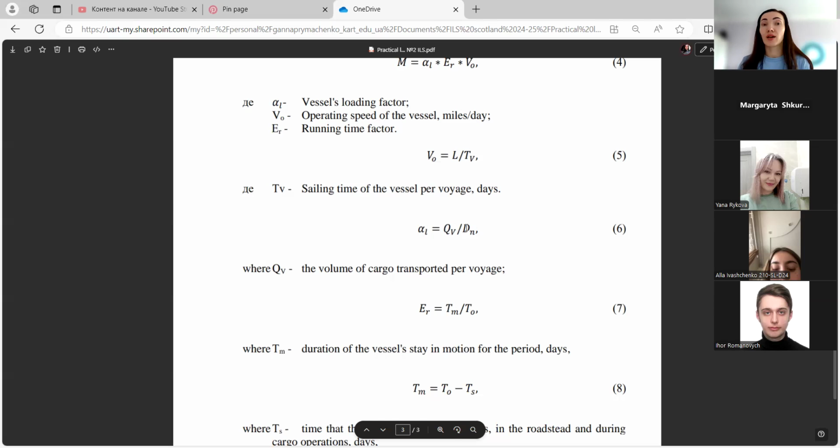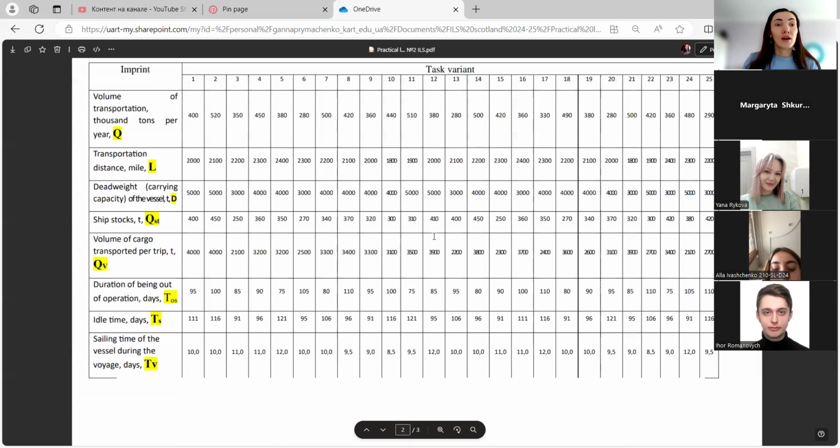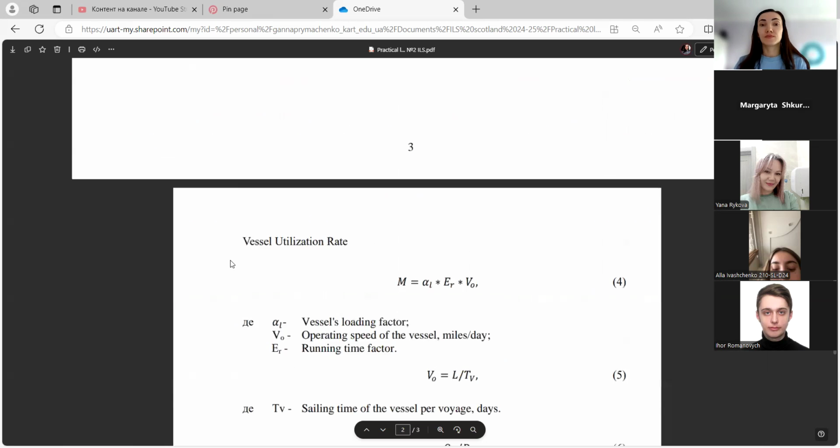Q with index V is our third parameter from the near part of our table. For example, if you have first variant, it is 400 tons. If you have second variant, it is also 400 tons. For third variant, it is 1,000 tons.